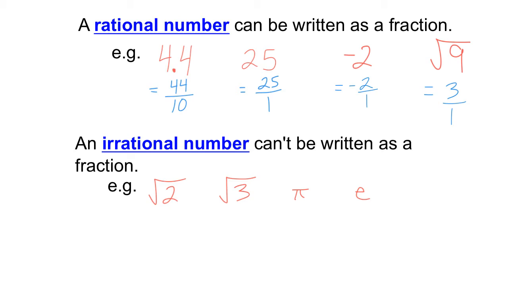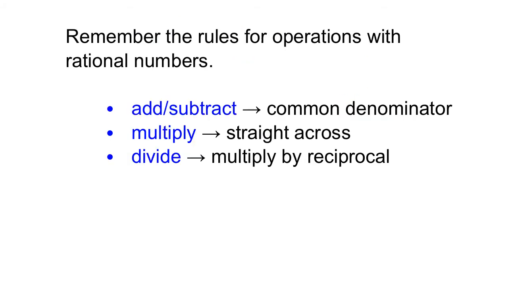So in this lesson, we're going to focus on rational numbers, numbers that can be written as fractions, and we're going to look at operations with rational numbers. And you've actually done this before. We just didn't call them rational numbers yet. We just called them fractions. But it's the same thing. We could add and subtract, we could multiply, and we could divide fractions.